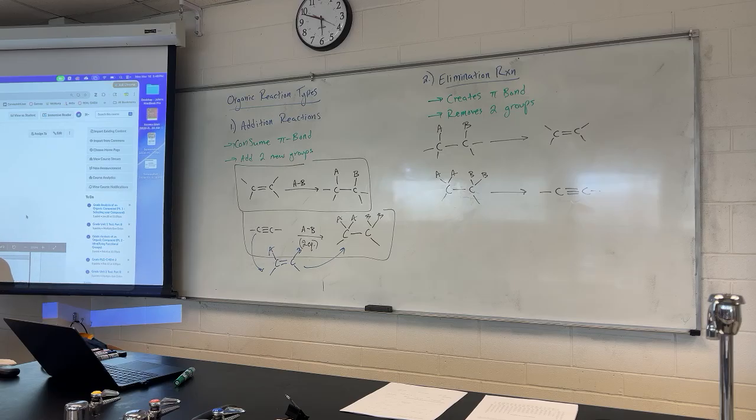I've taken a molecule that didn't have an alkene, and now I have an alkene. So it looks like I've added a functional group, which is understandable. But the idea is not adding functional groups at all. The focus is totally on pi bonds. Elimination reactions remove groups, which allows for that pi bond to form.